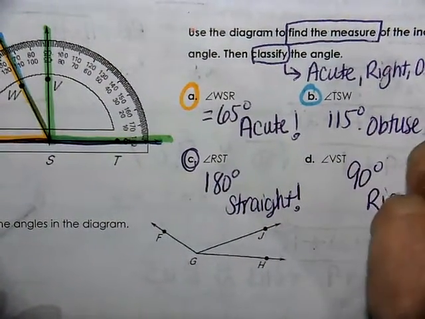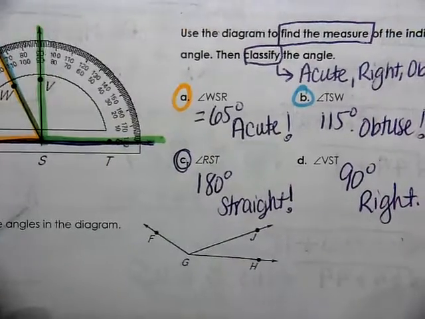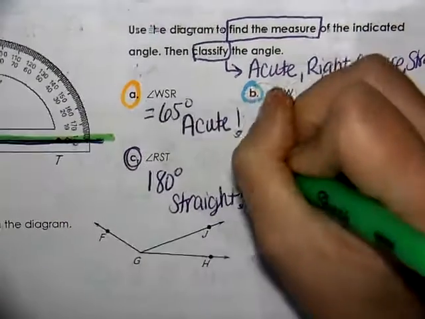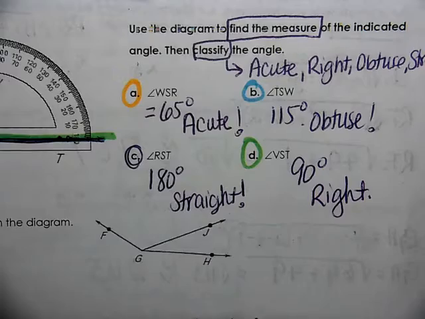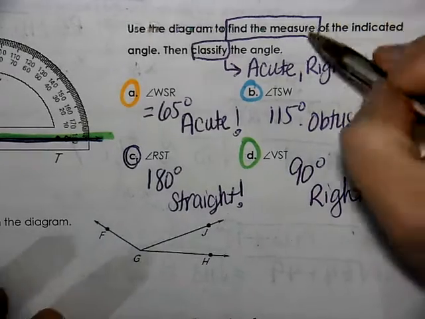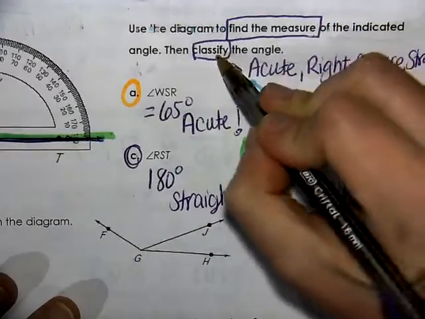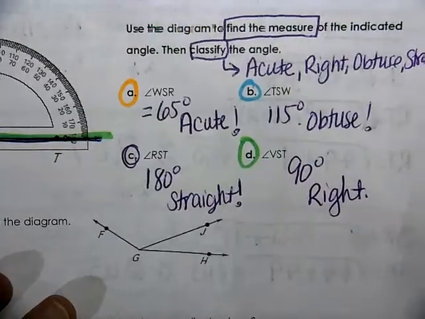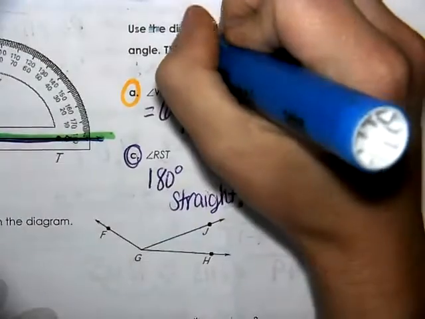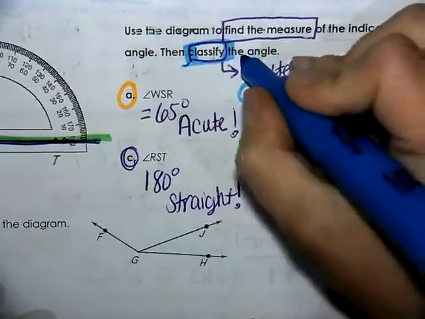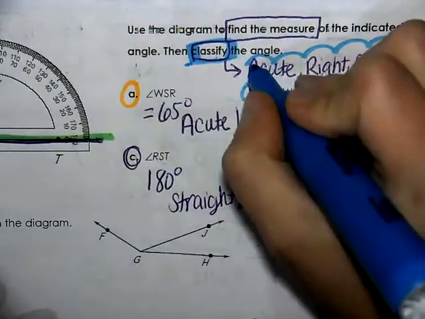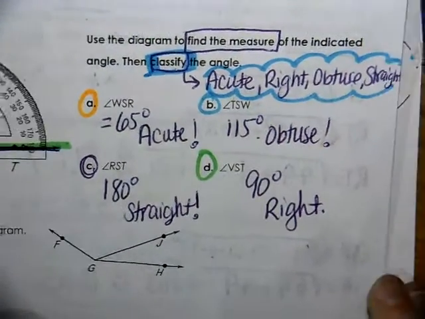And a 90-degree angle is a right angle. So that is finding the measure and classifying it. When you see that language of classify, classify means to give it a category. What category does it fall into?